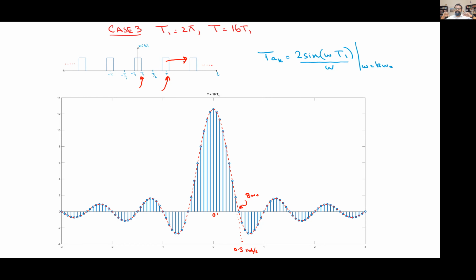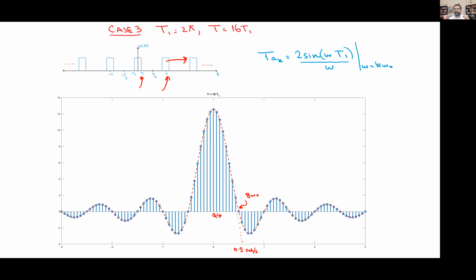So as I keep on increasing capital T, the frequency spacing between adjacent harmonics is going to start decreasing, and they're going to come closer and closer together as capital T keeps on increasing. And when does the periodic signal start looking like an aperiodic signal?